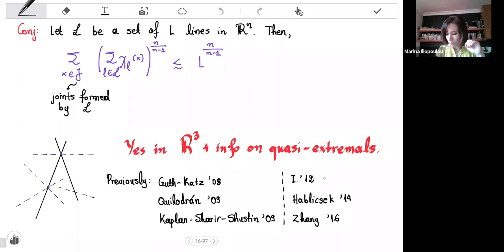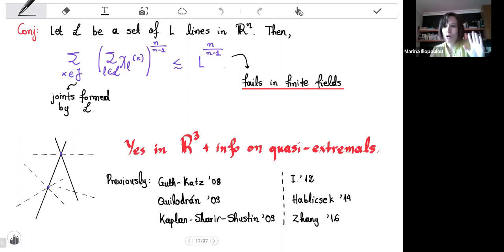And on the right side, we have people who worked on counting joints with multiplicities. So there are these three works, and I should say, the motivation and the estimates are about an estimate that can hold in all fields, not just Euclidean space. But this conjecture I have up here can dramatically fail in finite fields. It cannot be true. It's very easy to find counterexamples, and it's not because of the log loss that I removed.